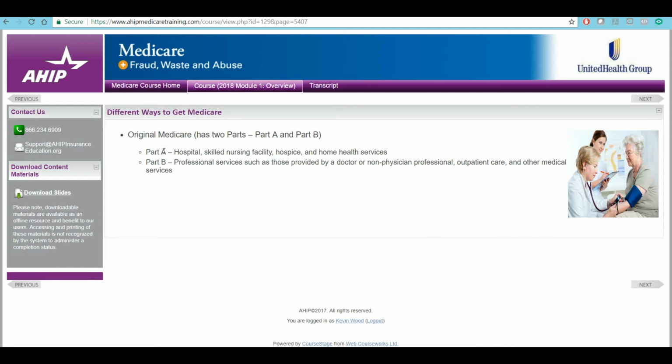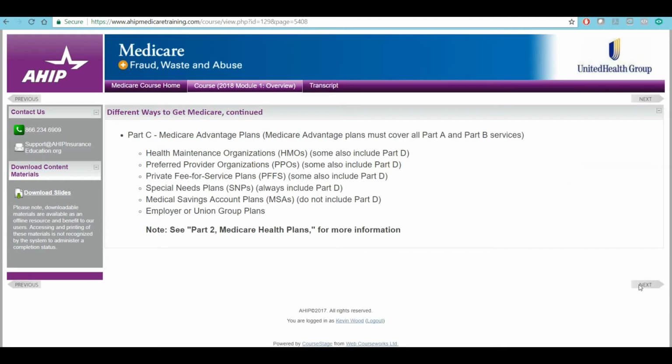The only thing that Part A covers is hospitalization, and Part B, professional services such as those provided by a doctor, non-physician professional, outpatient surgeries, ER, and other medical services. So you go on, and it's going to go page by page, highlighting and training you about all the nuances of Medicare.